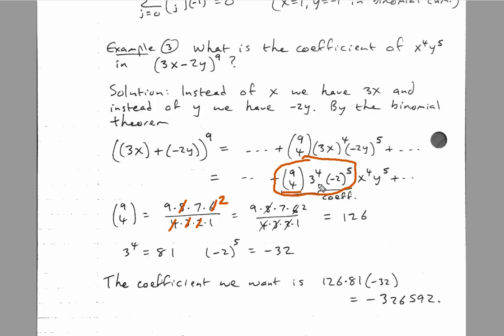So that's this piece. 3 to the power 4 is 81, and negative 2 to the power 5 is negative 32. Multiply those together, and the coefficient we're looking for is this number.